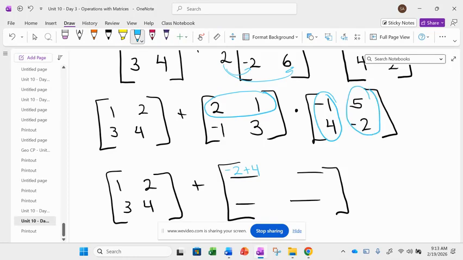Then I'm going to have a 10 minus 2. Now we go on to our second row, and I'm going to have positive 1 plus 12. And then our last element will be a negative 5 minus 6.